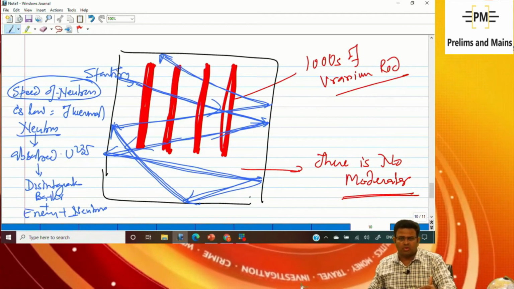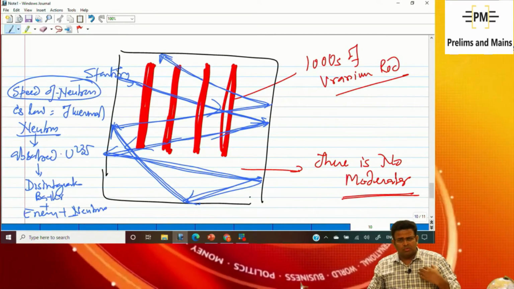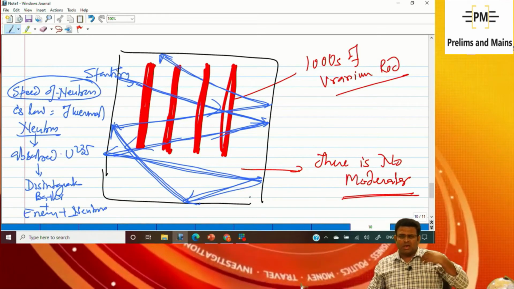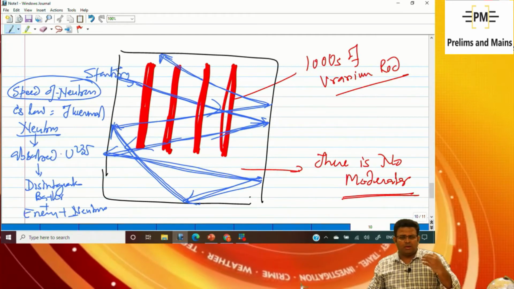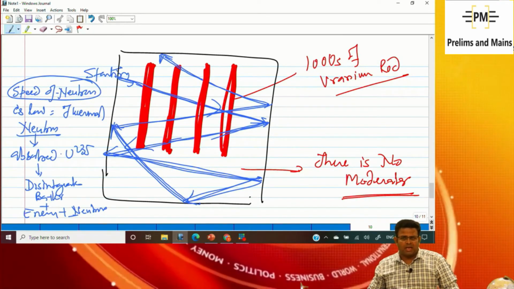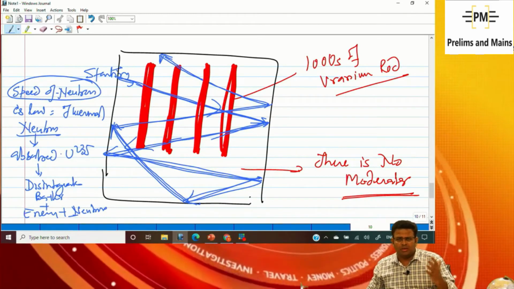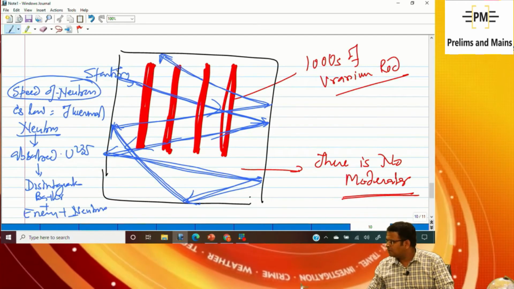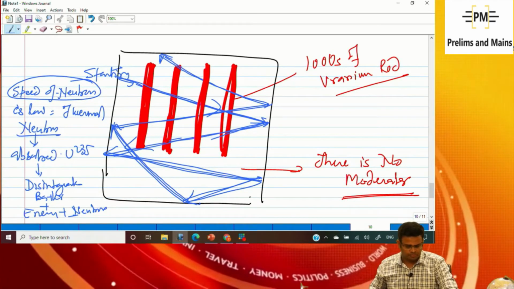Again someone comes in your way and you collide, then again you lose some energy during the collision, and your speed decreases further. So if you collide multiple times, the energy from your body will slowly lose and your speed will decrease. Clear to all of you?